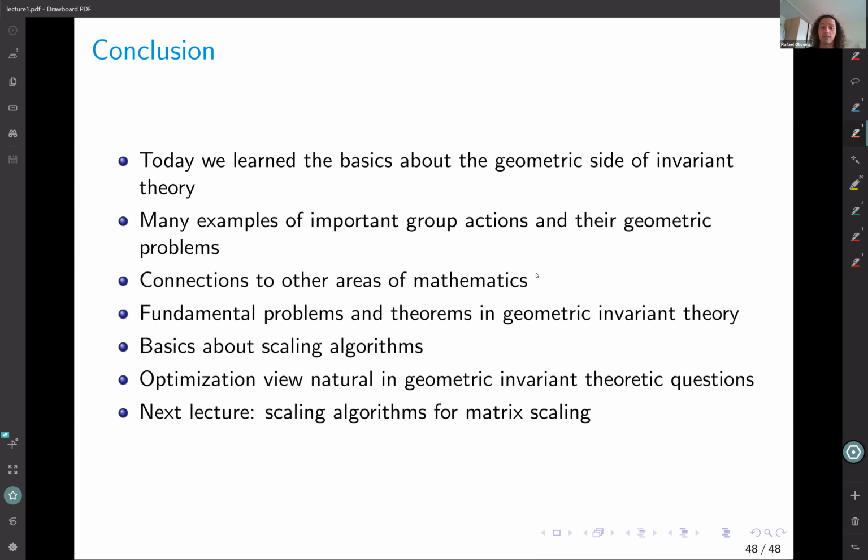We saw an overview of fundamental problems and theorems in geometric invariant theory, described the basics of scaling algorithms, and saw that the optimization viewpoint is very natural in geometric invariant theory. In the next lecture, Akshay is going to teach you scaling algorithms for matrix scaling, which is a commutative group action. And in lectures 3 and 4, we're going to see scaling algorithms for non-commutative group actions.